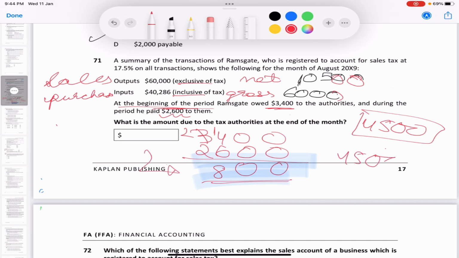So 4,500 plus 800 would be due, which would be 5,300. Okay. Are you guys clear with the answers? Take a moment and read it. And if you have any doubt, you can drop it in the comment section below. I'll be happy to answer.